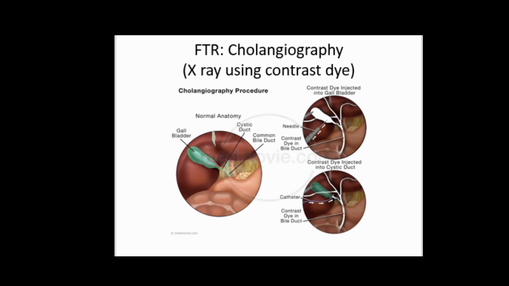In a cholangiography, X-ray is performed using contrast dye, which allows the physician to see what exactly is going on, if there's a blockage, for whatever reason, what's causing it, what can be done about it. It helps him to see what he wants to see.